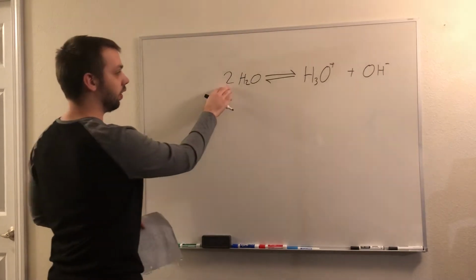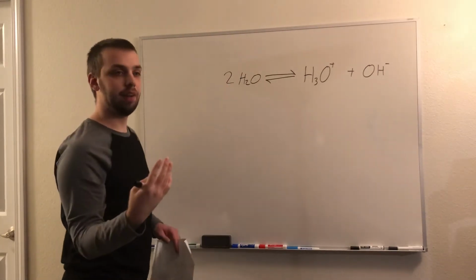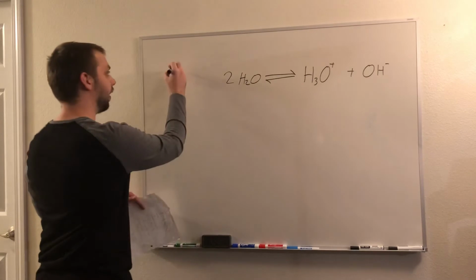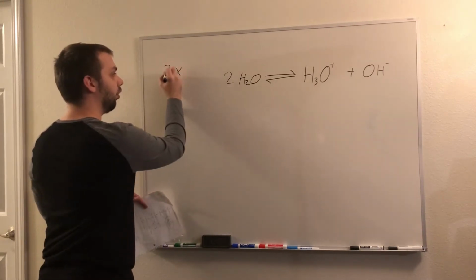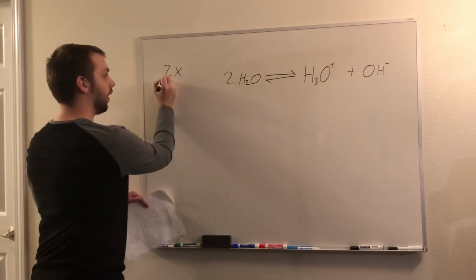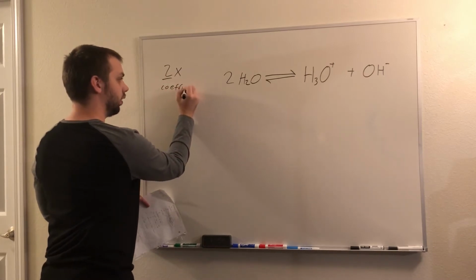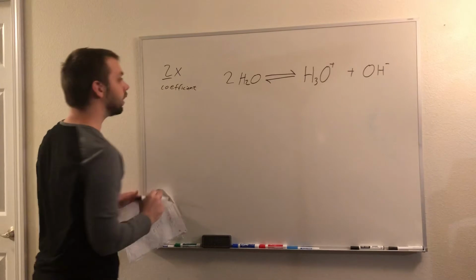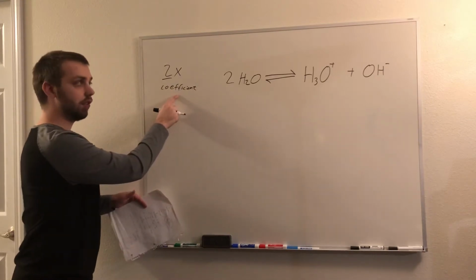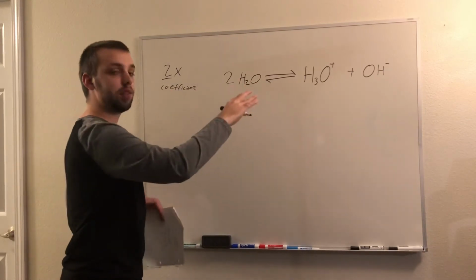You've probably seen this in math, if you had something like 2x, that 2 is what's called a coefficient. So coefficients are used in chemistry to balance reactions.